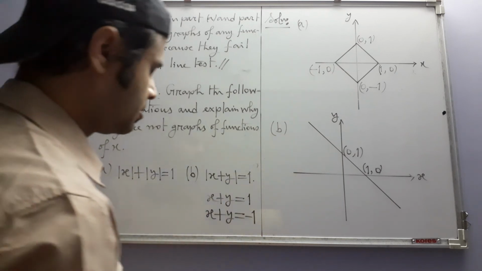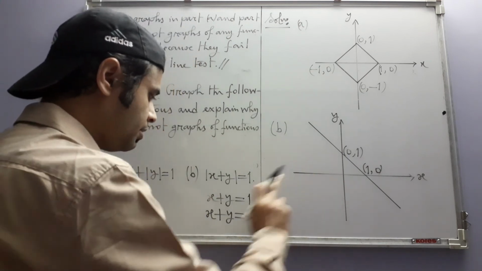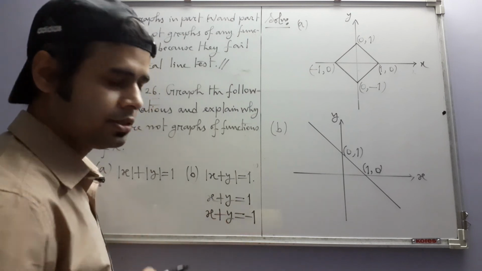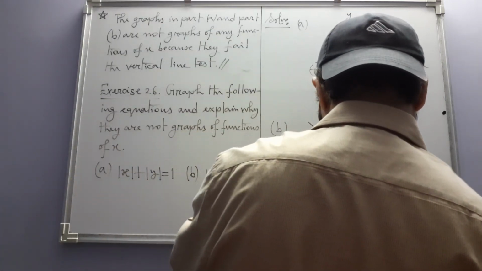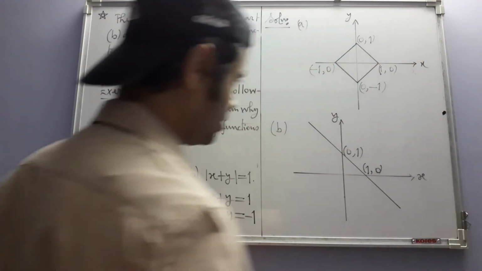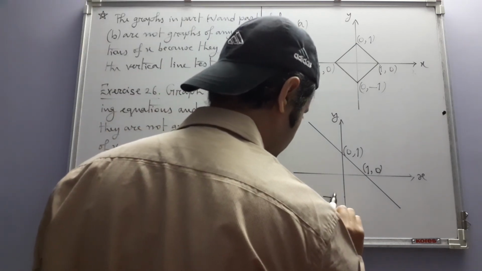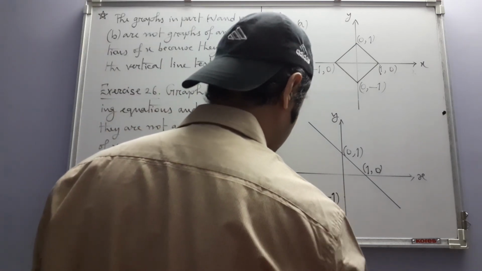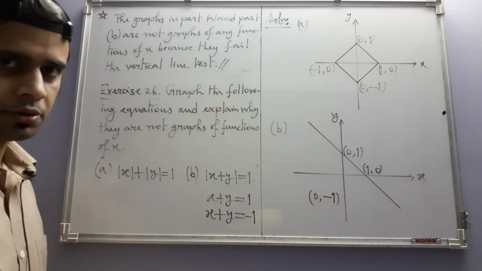What about this one? If you put say x equal to 0, then y is minus 1. So it will pass through this point 0, minus 1. And if you put y equal to 0, then x is equal to minus 1.